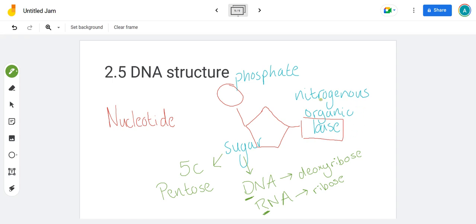We've then got our base here. Bases come in two categories, called purines and pyrimidines, but you don't need those words for your specification.